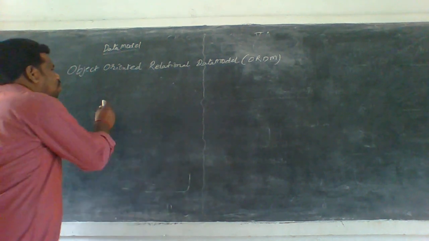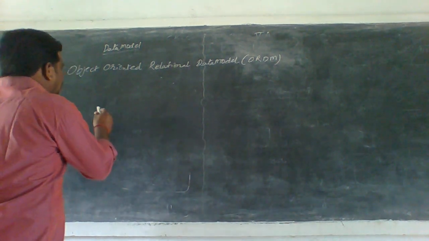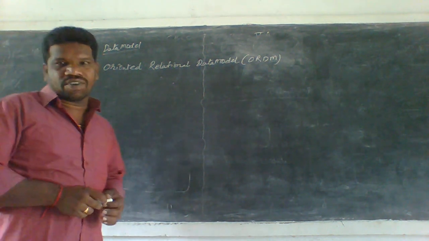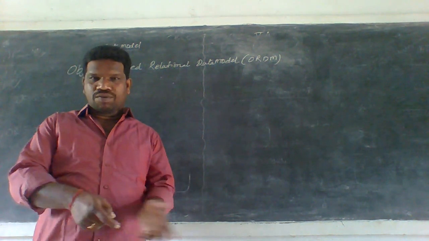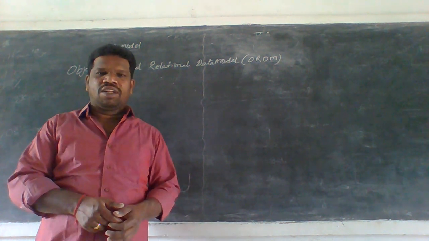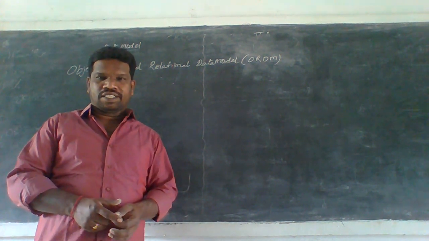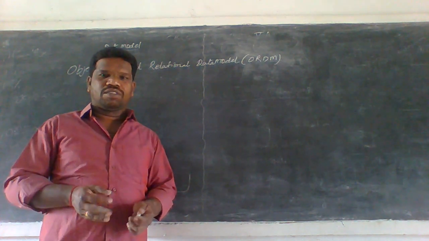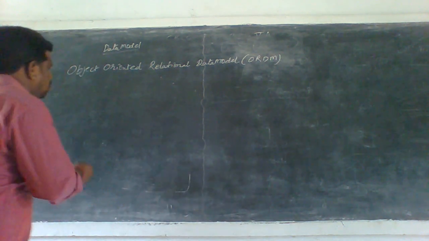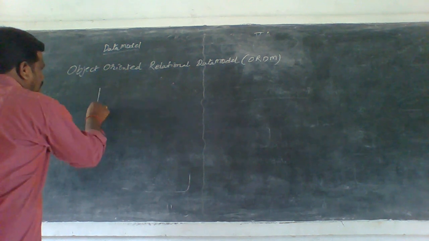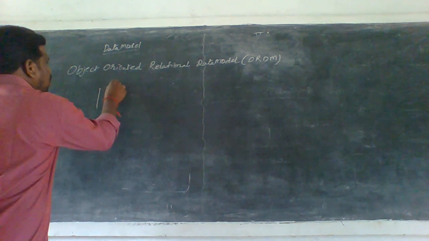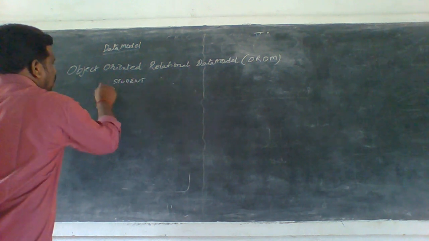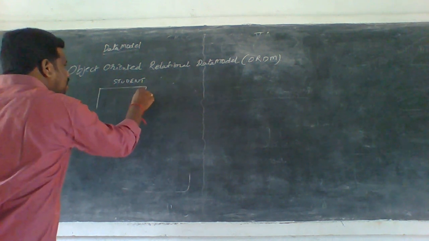So here I would like to connect the connections. What is an entity, what are entity sets, what is a relationship? I will tell you in the coming data model, called the entity relational data model. What are attributes? Today I'll draw a diagram. This is the student information.